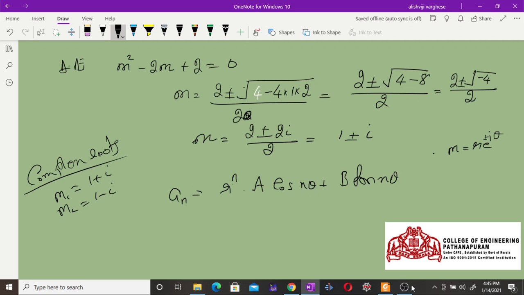So one root is r e raised to i theta and the other root is r e raised to minus i theta.